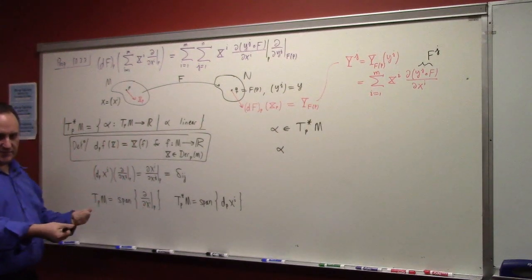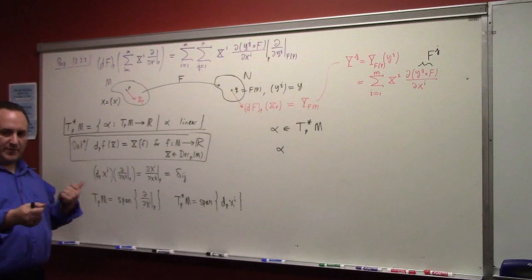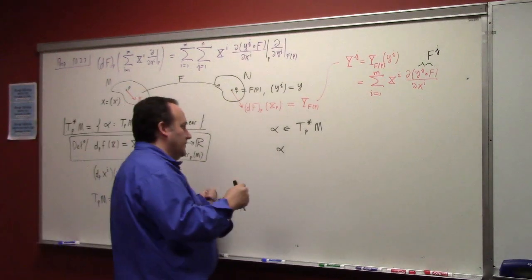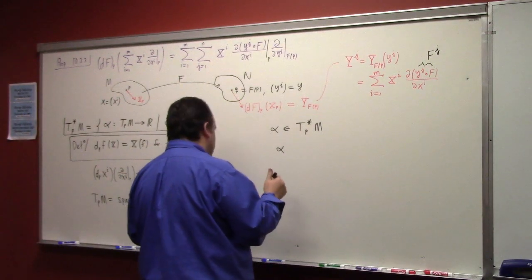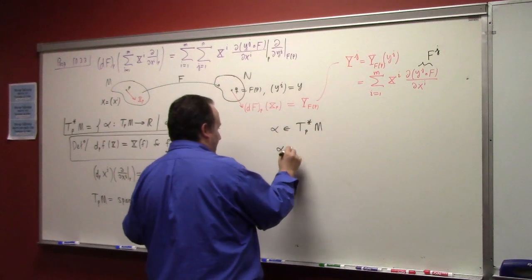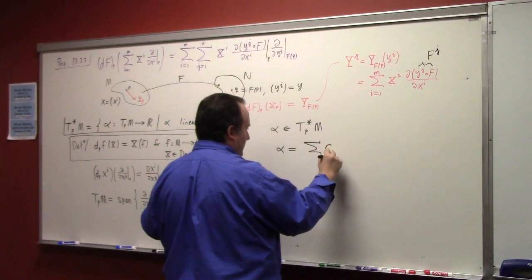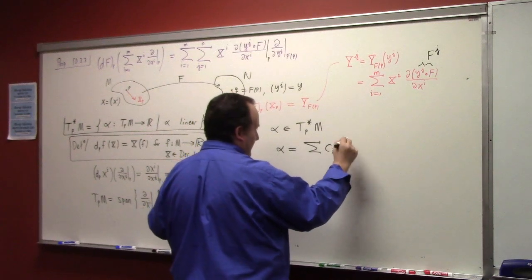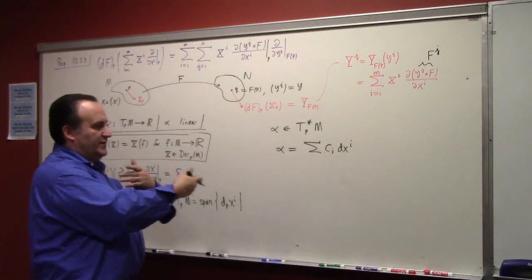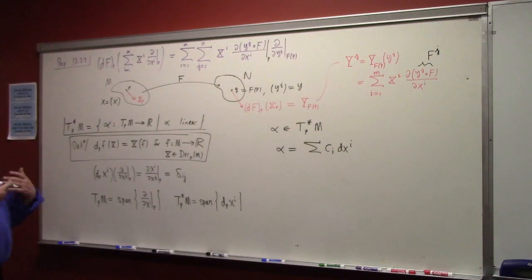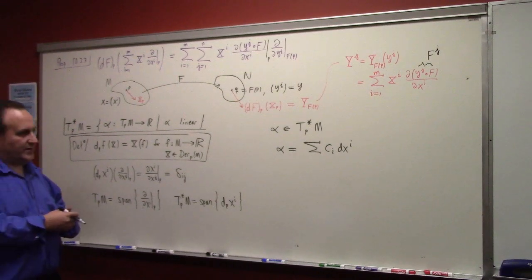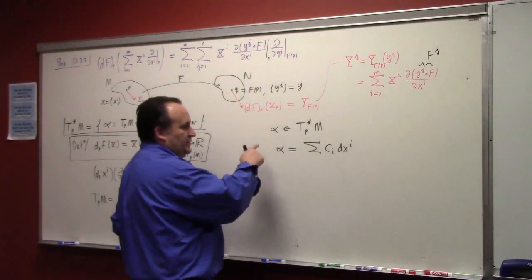The question is how to find the components for it. So let's write alpha equal to the sum over c lower i dx upper i. The question is, what are the c sub i's? We know they exist because of our general work in the dual space of linear algebra before, but what are they? Okay, so what does this act on?